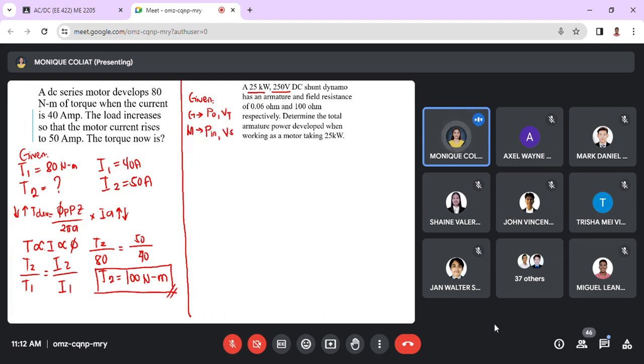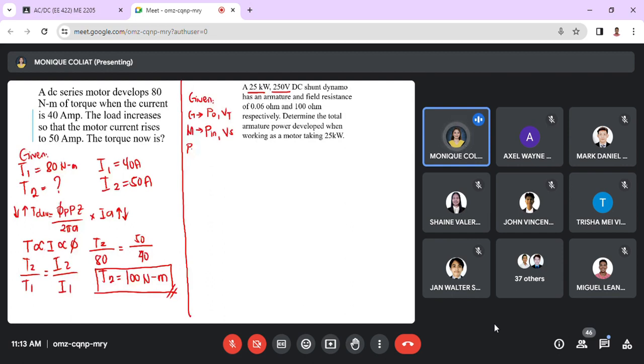Because it is reversed. What was at the end before, the given like this, is now in front. That's why input and source voltage. So, Pin is 25 kilowatts and your VS is 250 volts.